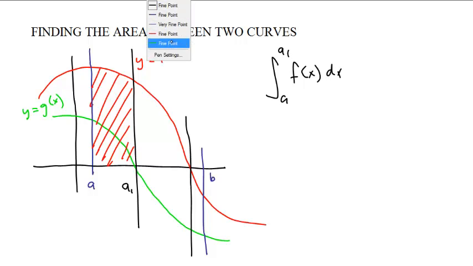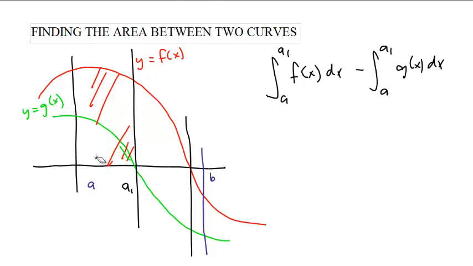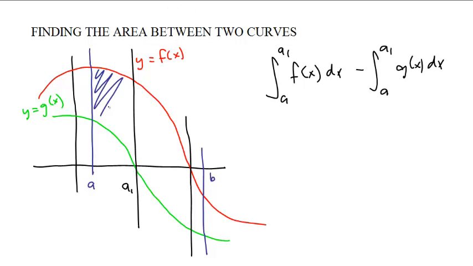And this green area here is what we don't want, so you subtract the integral from a to a1 of g of x dx. And that will give you all of this red area minus the blue area, which is just what we want. Take this away, and we are left with this blue area up here.